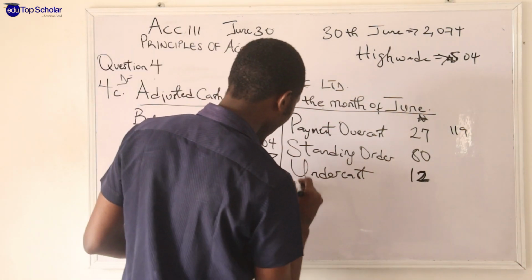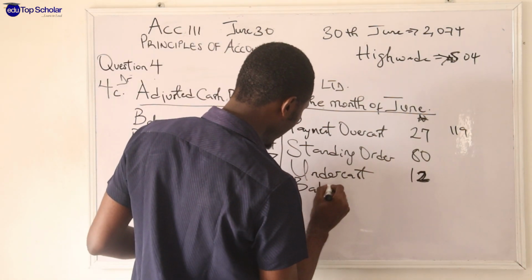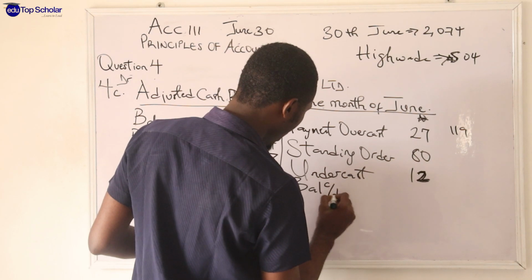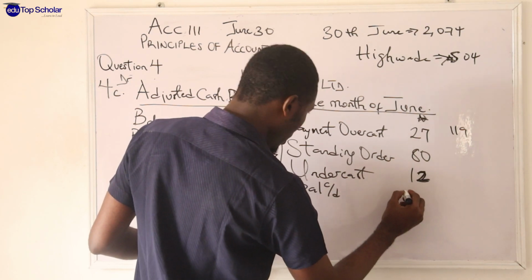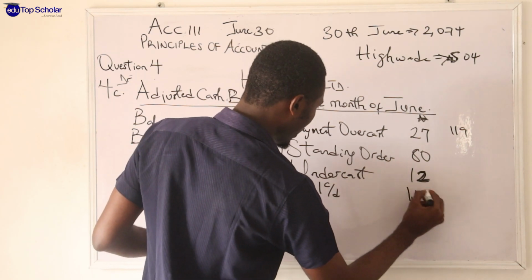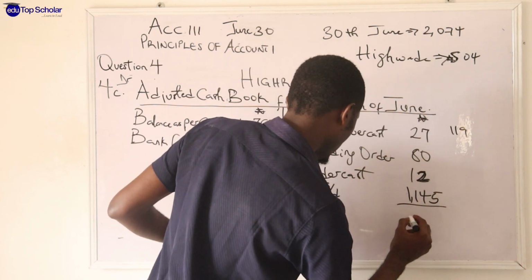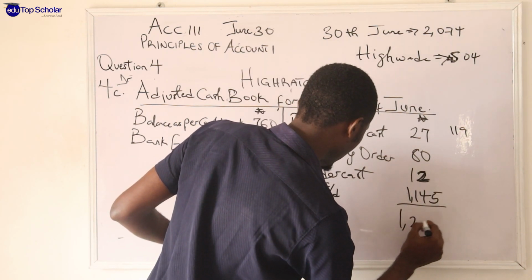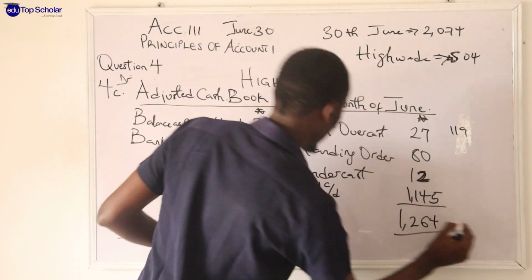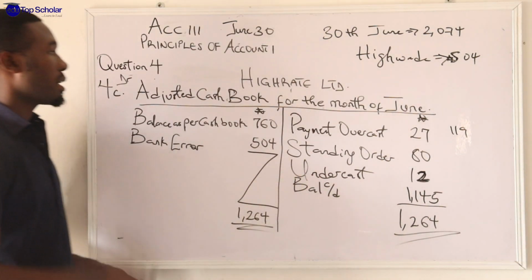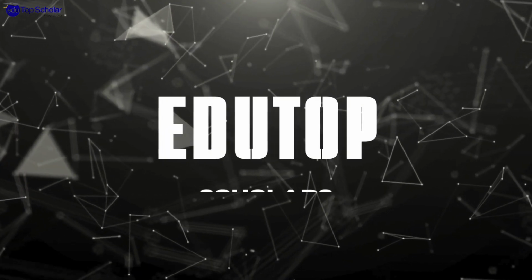So the balance carried down will be 1,145. And this is your adjusted cash book.